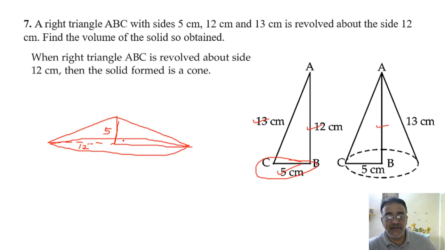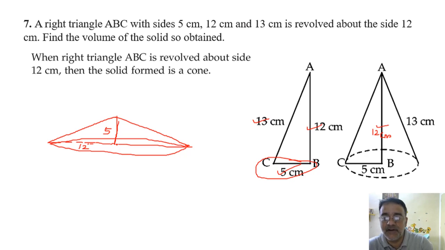In this case the height will be 5 and the radius will be 12. Is this clear? Yes, sir. Okay, so this is the case when we revolved around the 12 centimeter side, and this is the case when we revolved around 5.